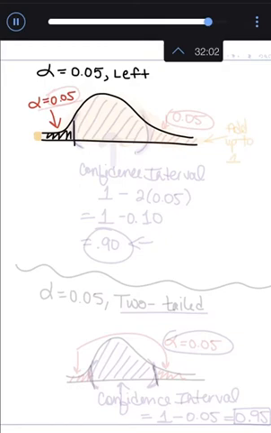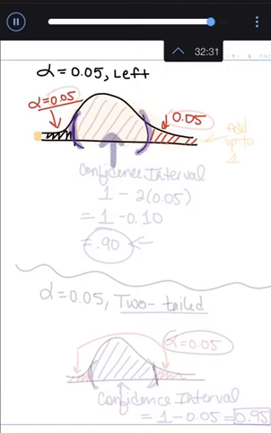Remember, if we think about confidence intervals as two-sided intervals, the only thing I'd be missing is that I've already got my left end. I don't have my right end filled in, which means, remember, it's symmetric. If you had 0.05 on one end, you'd have another 0.05 on the other, which means my confidence interval, the inside portion, would be everything else.